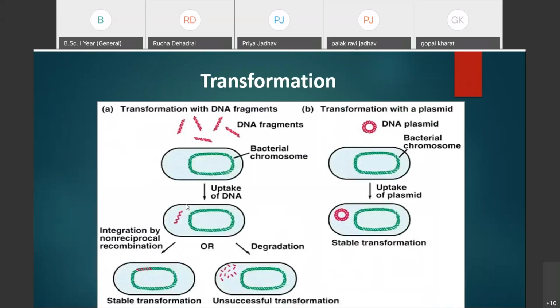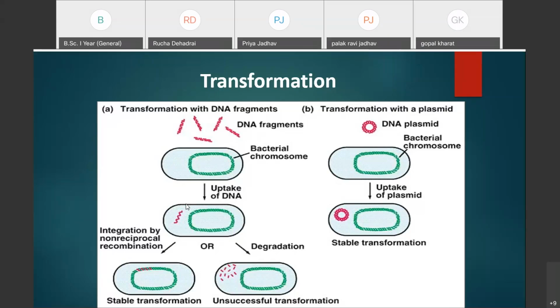Now, the second method of genetic recombination in bacteria is transformation. Okay, transformation is a very unusual method because in this one the two bacterial cells never come in contact with each other, just like in conjugation. It is not necessary that the two bacterial cells come in close contact with each other. That's why we are saying that transformation is an unusual method.